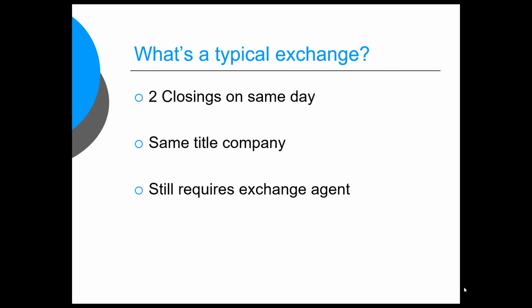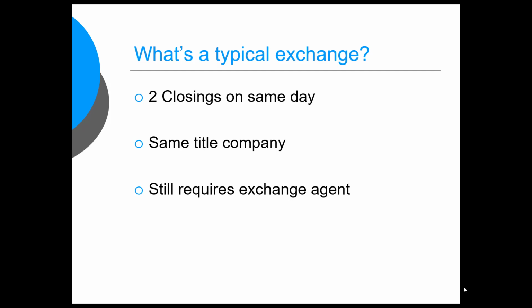So what's a typical exchange look like? So a lot of times we'll do what's called a simultaneous exchange, which means that you'll have two closings that are on the same day, typically at the same title company.